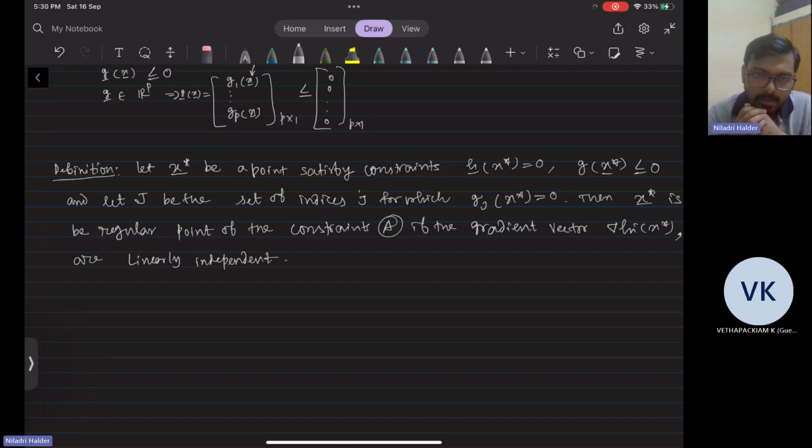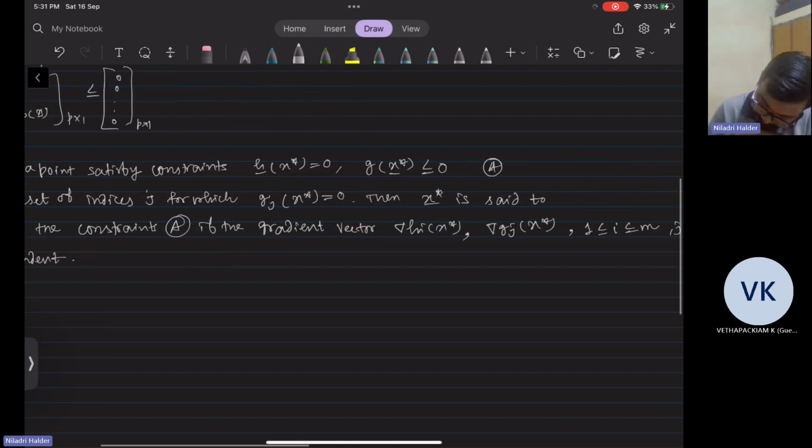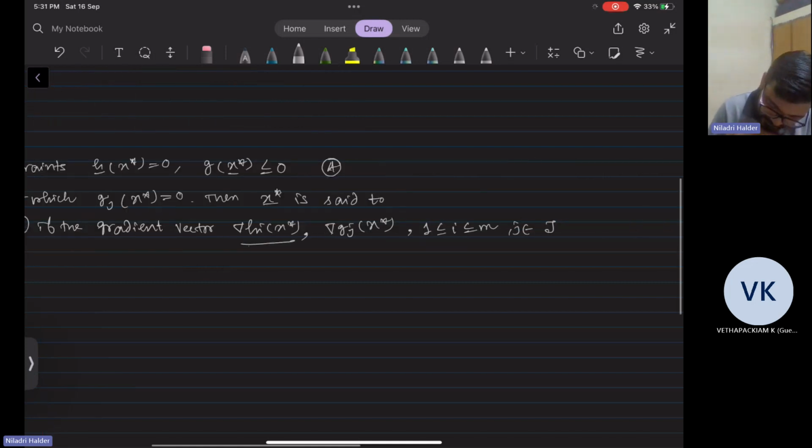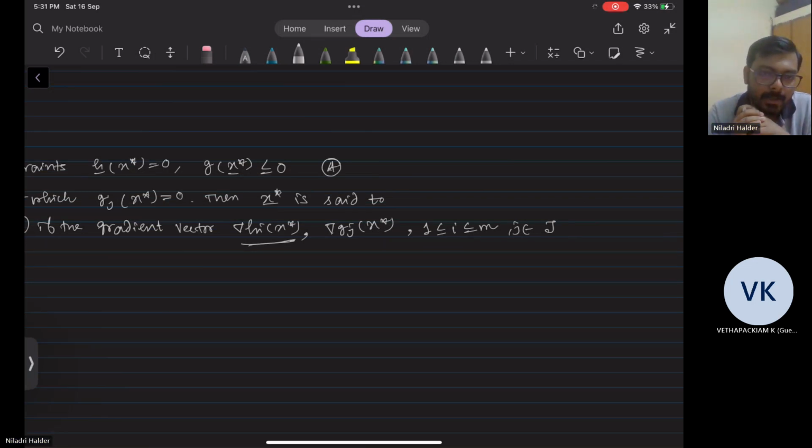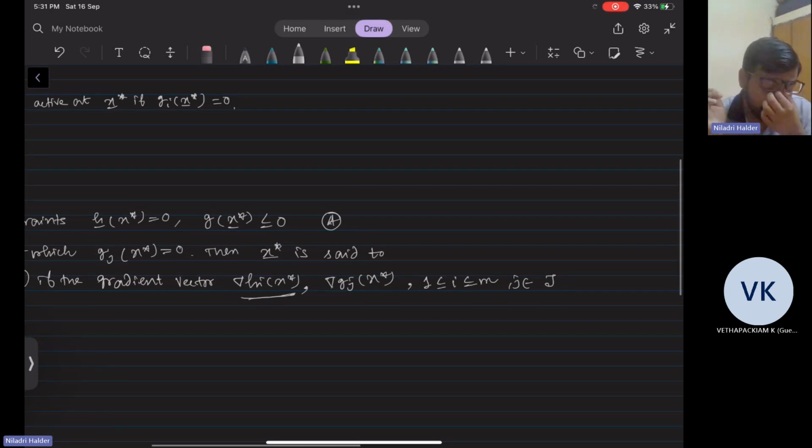Earlier, for the equality constraint case, we said that a point x star is regular if the gradients of h_i at x star are independent vectors. For the inequality case also, how do we check whether a point is regular or not? We take one x star value, and we know that for the equality constraint we have the gradient of h_i at x star.